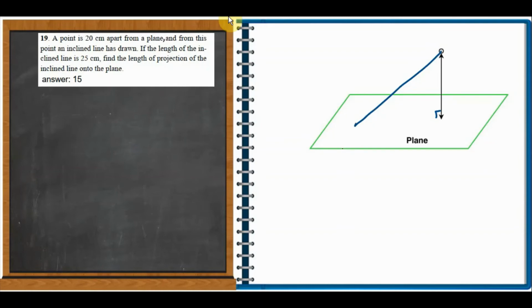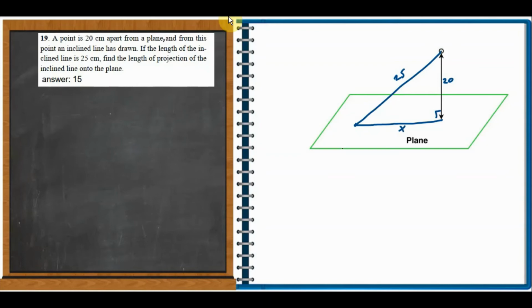So the distance is 20 centimeters. If the length of the inclined line is 25 centimeters, find the length of the projection. What is projection? If we connect the bases of the inclined line and the perpendicular line, this is called projection. So we need to find the length of the projection. As you see, this is the Pythagoras theorem.